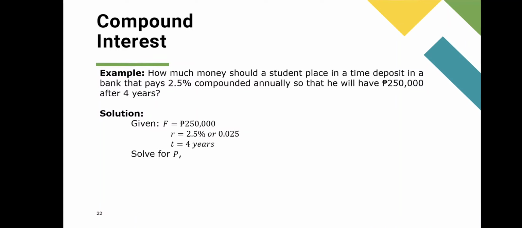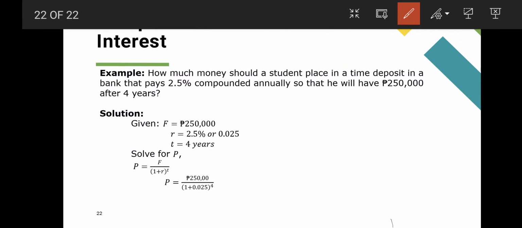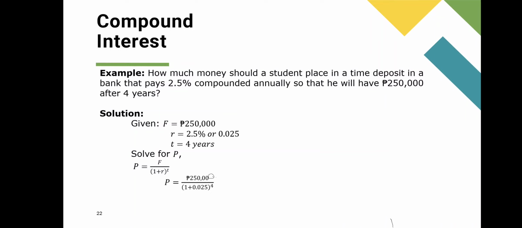So, we use our formula P equals F over 1 plus r raised to t. We substitute F, r, and t. So that is 250,000. Again, there should be one more zero here. 250,000 over 1 plus 0.025 raised to 4.